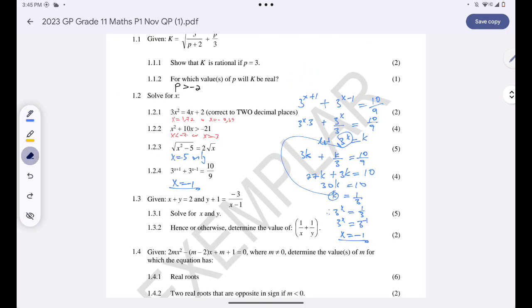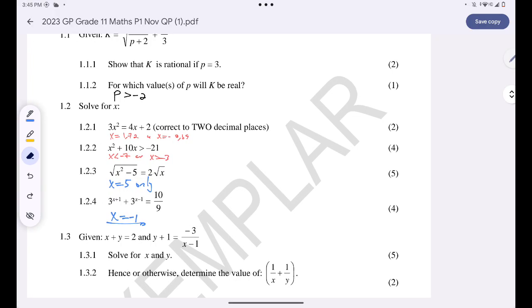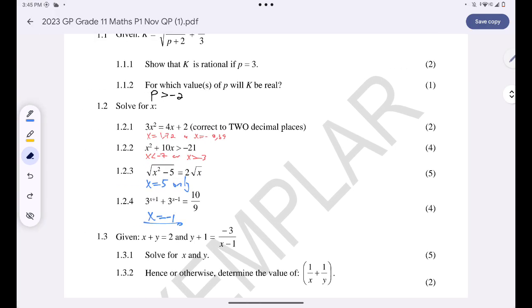Okay, and then now on 1.3, I'm given two equations, and in 1.3.1 I'm supposed to solve for both x and y simultaneously. Okay, equation 1 simply says x plus y is equal to 2.